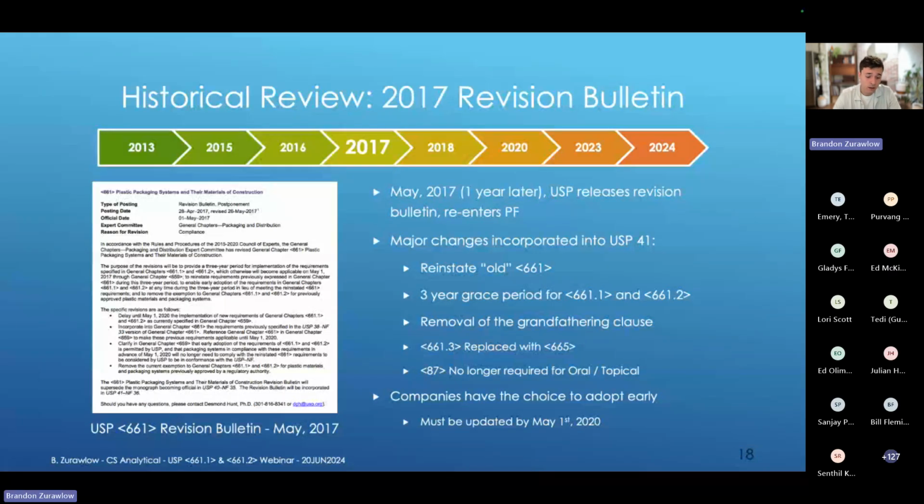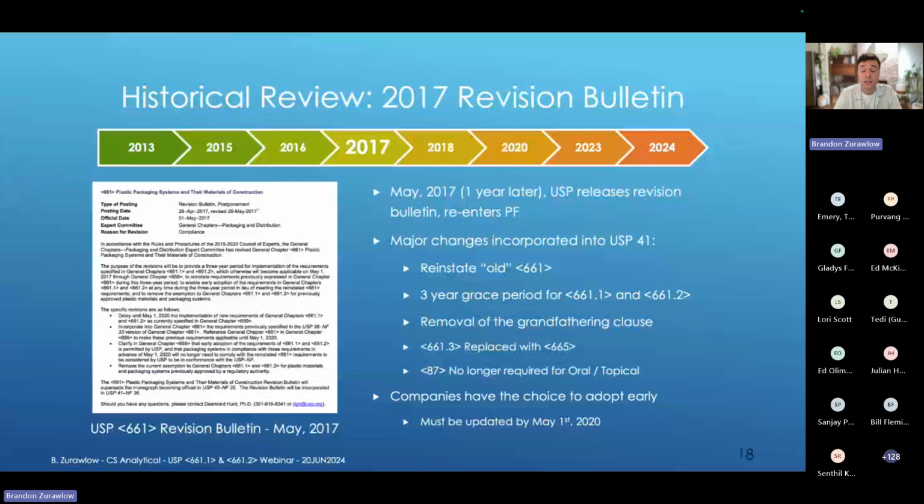But importantly, at this time, the grandfathering clause was removed. And so the trade-off with industry was, okay, we're going to give a 3-year implementation period for everybody to figure out the best way to apply these new chapters to their product package systems. But as a result of implementing that implementation period, the expectation was that once these chapters did fully become effective, essentially all marketed products would be supported under these new chapters.